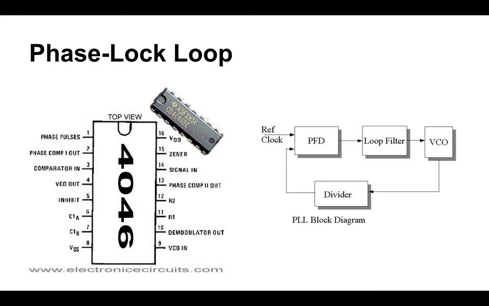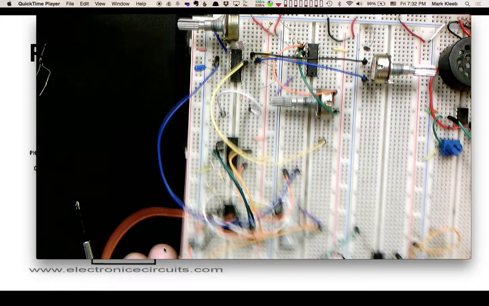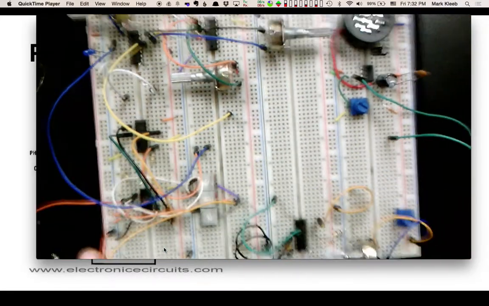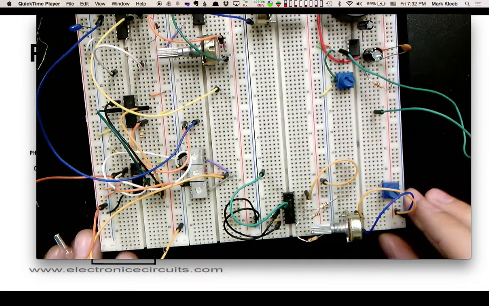So the nice thing is that the 4046 has a voltage-controlled oscillator just built into the chip, right? And it's even a little bit easier to wire because I can just send anywhere between 0 and 5 volts into pin 9 and get an output. So I'm going to unplug these guys. We're going to have a little breadboard noise here. And I'm going to plug in the 4046, which is down here at the bottom of my breadboard.